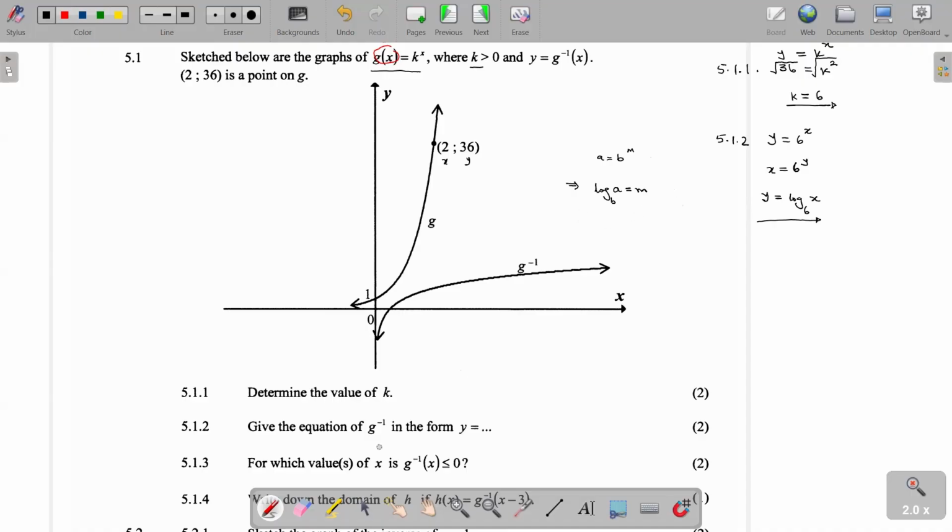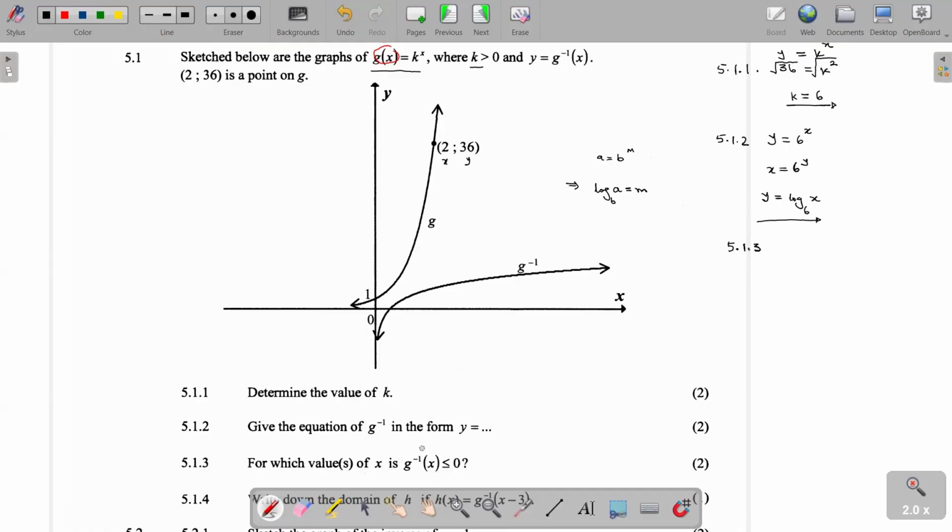Then we go on to question 5.1.3. They are asking for which values of x is the inverse less than or equal to 0.